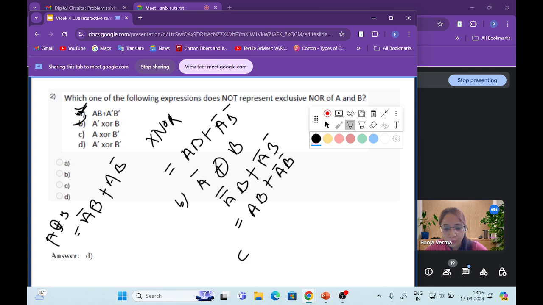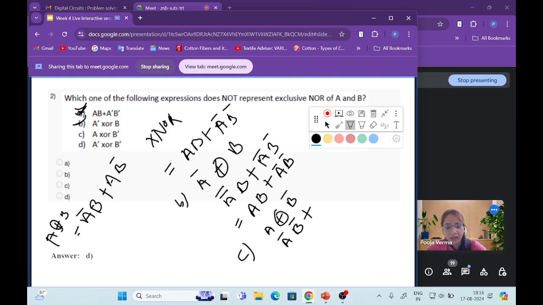Now move to the next option C. Option C is A XOR B dash. Again we can expand it: A dash B only, here B dash is same.